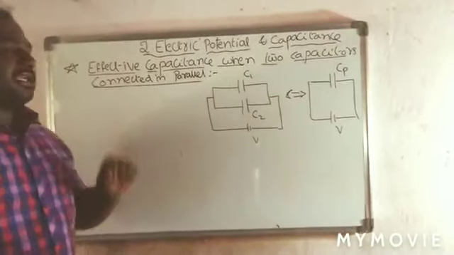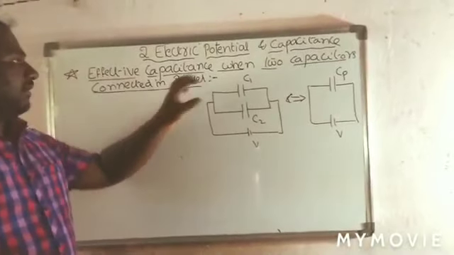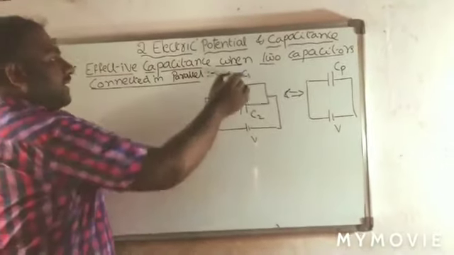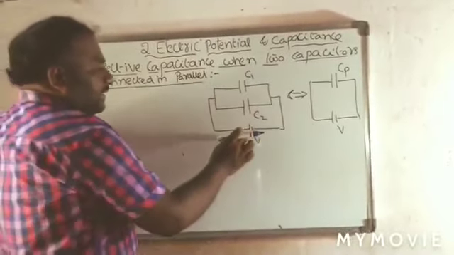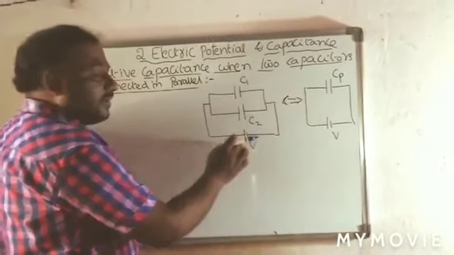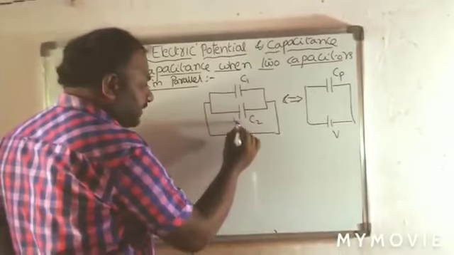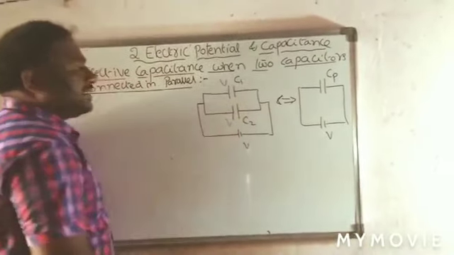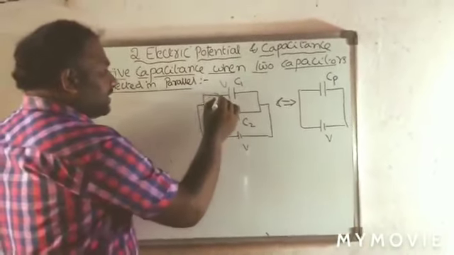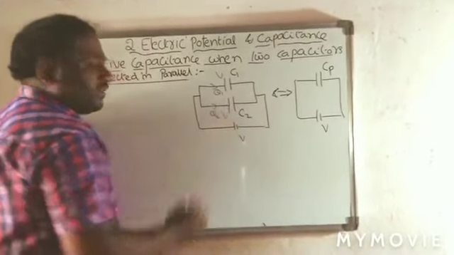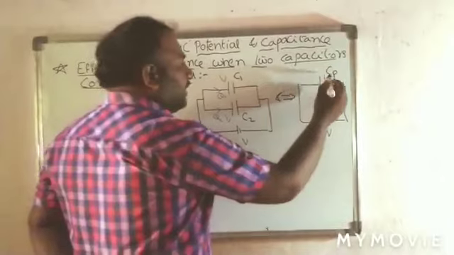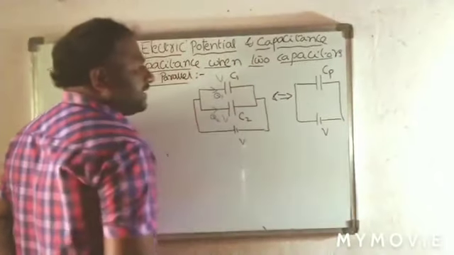Next, parallel connection of the capacitors. Here, when two capacitors C1 and C2 are connected in parallel, the applied voltage is V. We know that in the parallel connection, voltage across each element is constant, whereas the charge can be divided. Here it is Q1, here it is Q2. And here only one capacitor, that is the equivalent capacitor Cp.